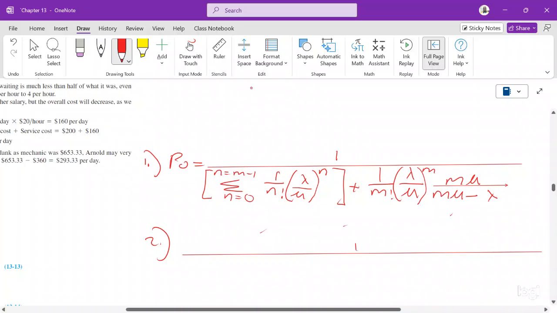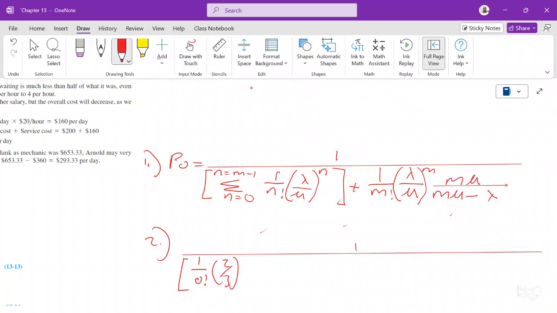One. Then now we are starting: 1 over n factorial, we're starting at 0, ne? And then open bracket, 2 over 3 to the power 0. All right, then can someone put another bracket here, plus open bracket 1 over 1 factorial, 2 over 3 to the power 1.